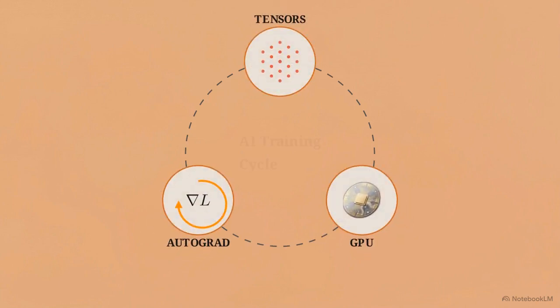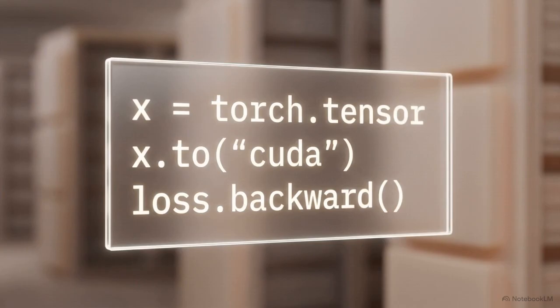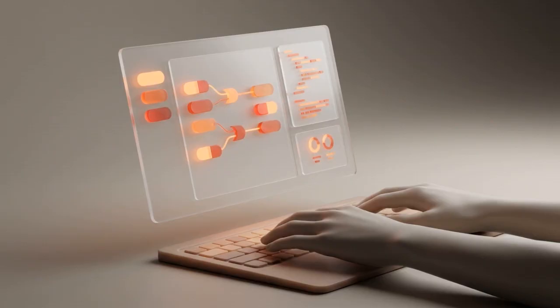That cycle is how nearly every modern AI model is built. You pack data into tensors, blast them through GPUs for speed, and use autograd to evaluate mistakes and adjust the strength of your connections. Even though there is massive complexity in the background, you primarily interact with clean, readable Python code. PyTorch handles the heavy lifting, so you can focus on the design.